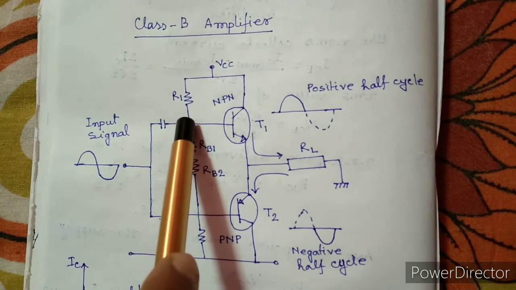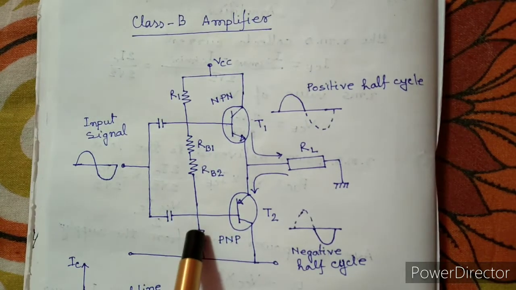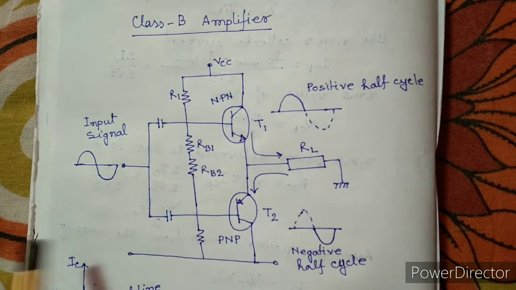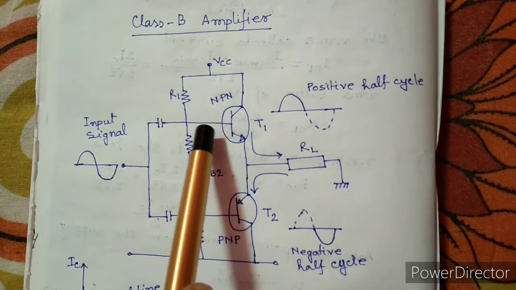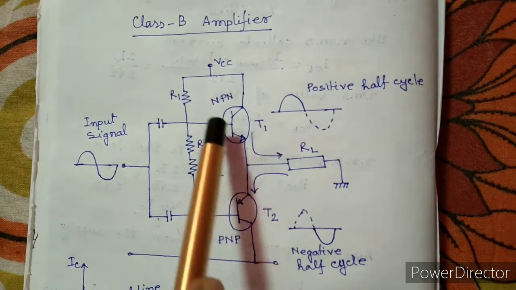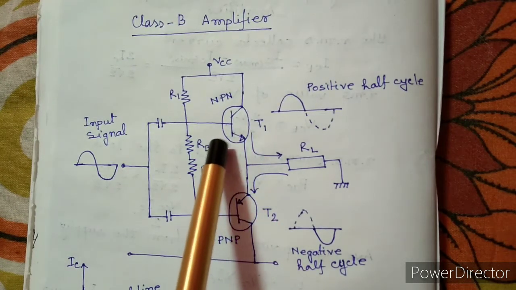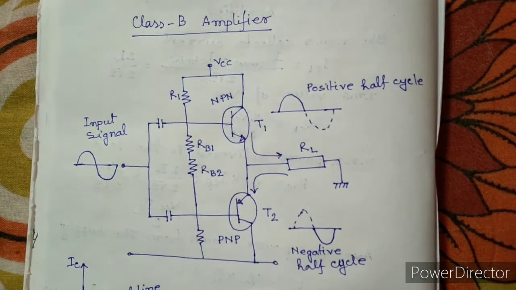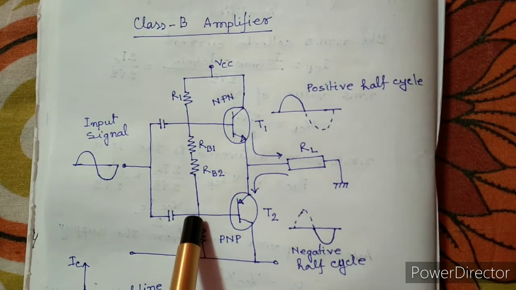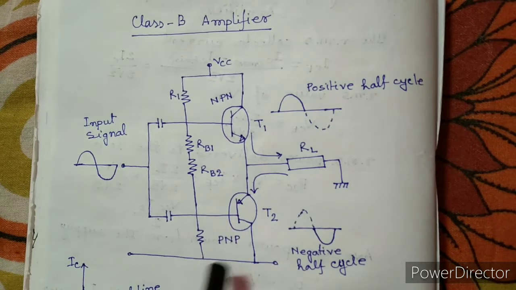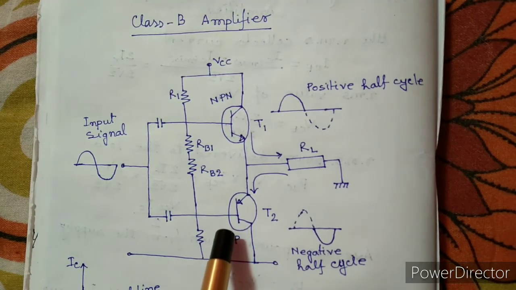Now when the positive half cycle comes, due to that this terminal potential will become positive, also this terminal potential will become positive. Due to the positive potential, the base emitter of T1 transistor will be in forward bias, and due to positive potential across this terminal, the base emitter of T2 transistor will be in reverse bias.